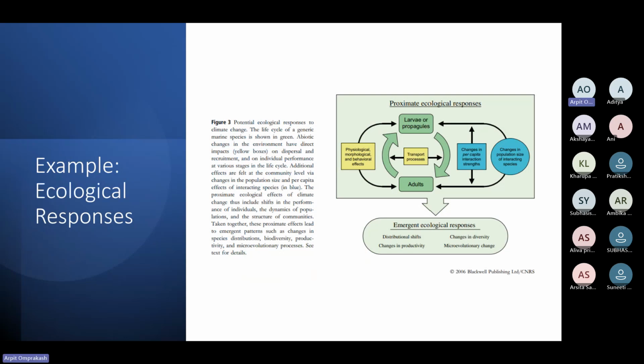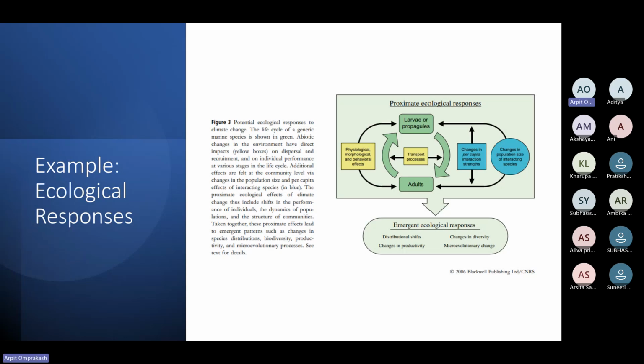Then we see that there are a lot of proximate and emergent ecological responses. Proximate responses are, let's say, physiological, morphological, and behavioral effects. For example, marine organisms generally have a life cycle where they have larvae or propagules, and they turn into adults, and these adults then give rise again to larvae or propagules and so on, right?